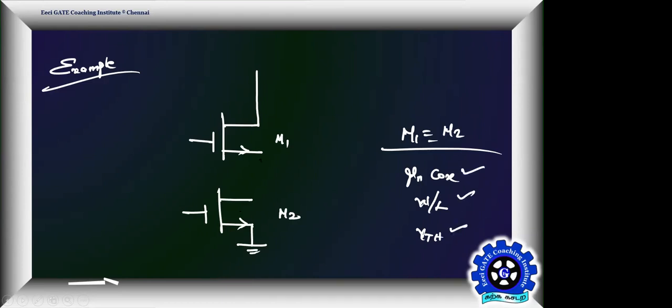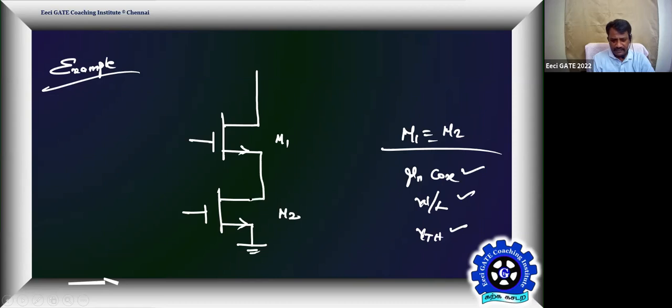Now they are connected this way. Source is connected to ground. This is connected to a 10-volt supply.